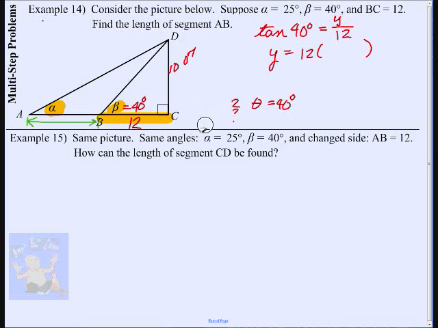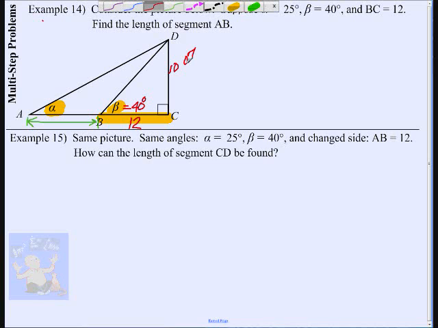You, of course, can use an extra piece of paper, the back side of the previous sheet. You shouldn't erase your work. So 10.07 is this distance right here.